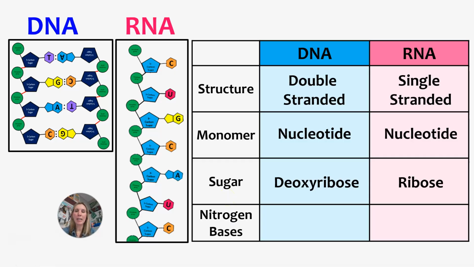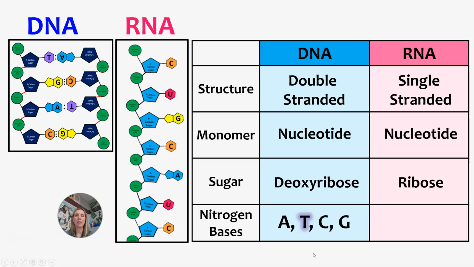These nucleic acids are named based on their sugars. So DNA is deoxyribonucleic acid because it has the sugar deoxyribose, and RNA is called RNA because of its sugar ribose, so ribonucleic acid.